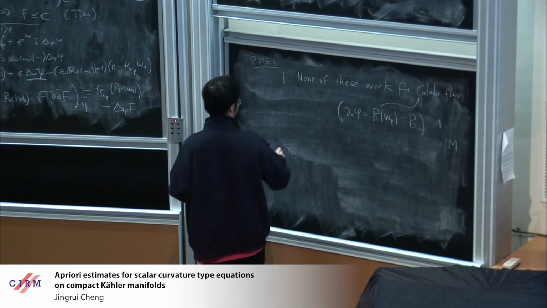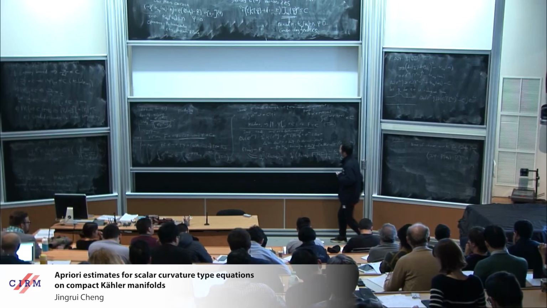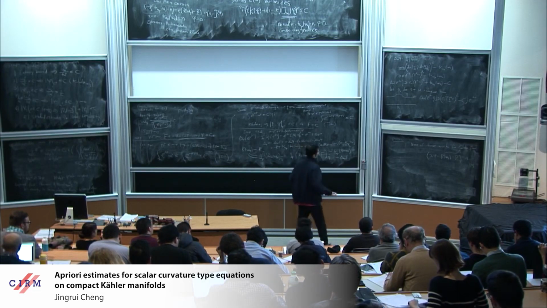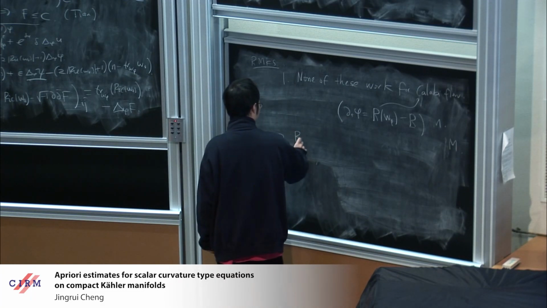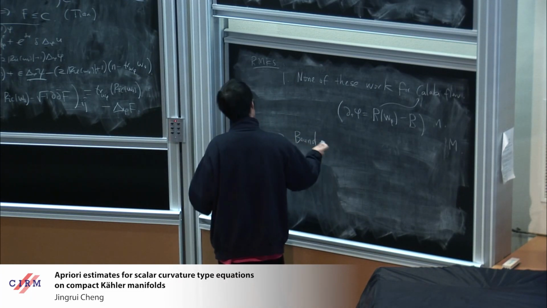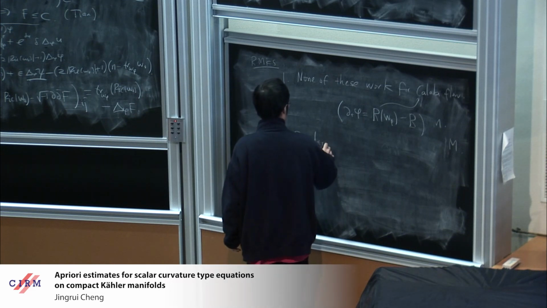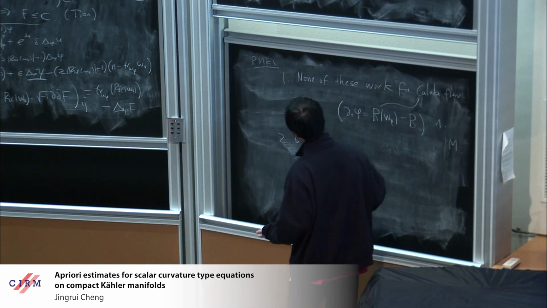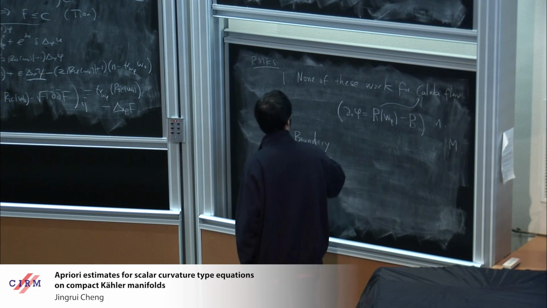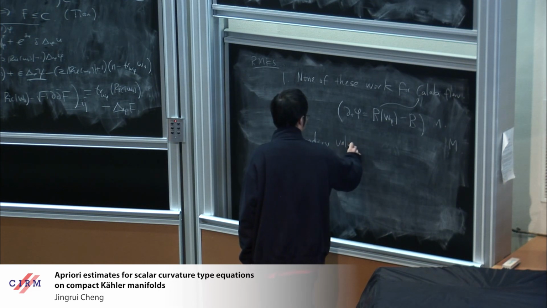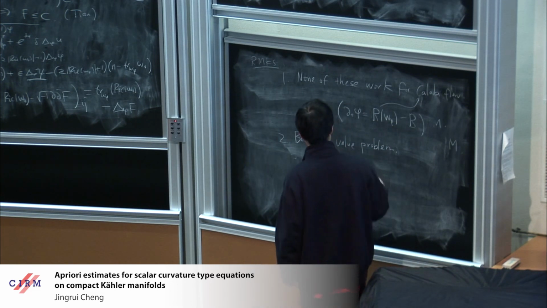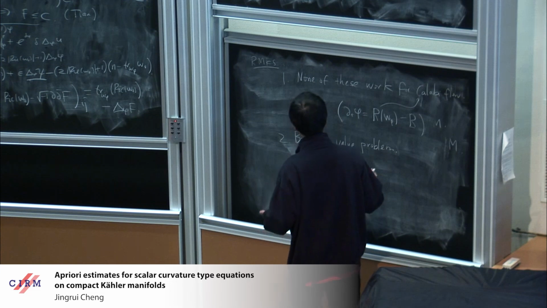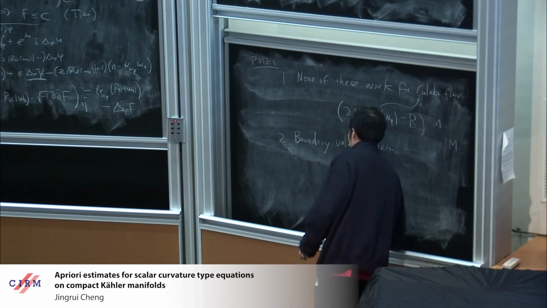Okay, the next question is maybe less exciting than this. How about the boundary value problem? Maybe this may be of interest purely from a PDE point of view. This is not a hard problem as long as you pose the correct boundary condition.